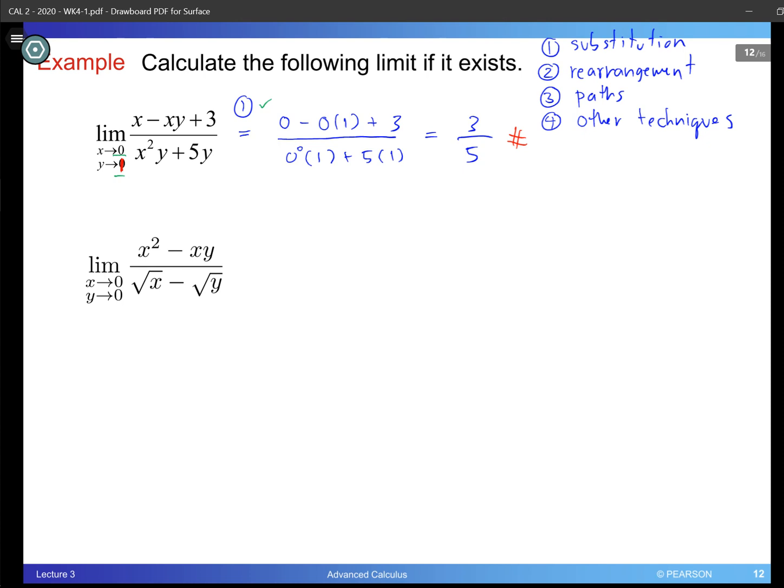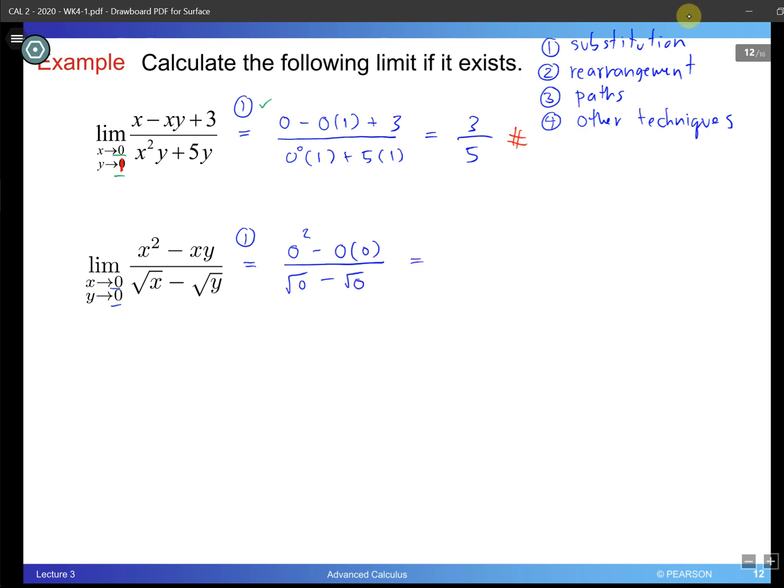Okay, let's move to number two. Right here we have x approaching 0 and y approaching 0, and we have a fraction again. Once again, the first thing we should try is to use the substitution. So I'm going to do that. Here x squared is going to be 0 squared minus xy, which is 0 times 0, and in the denominator I have the square root of 0 minus the square root of 0.